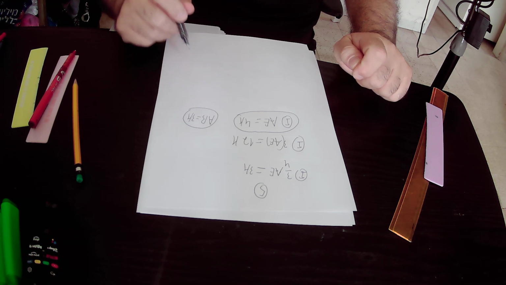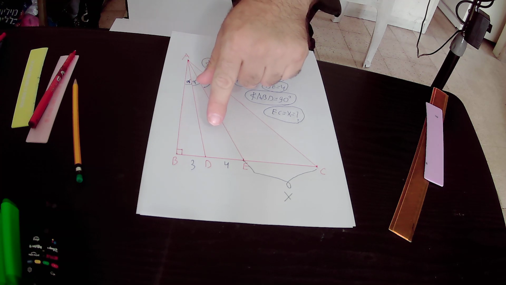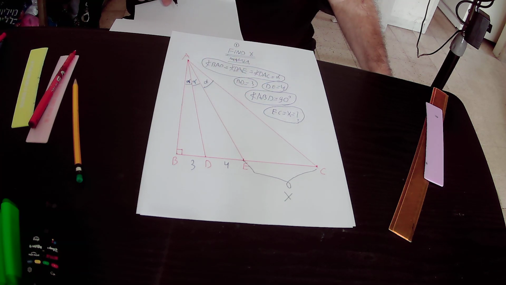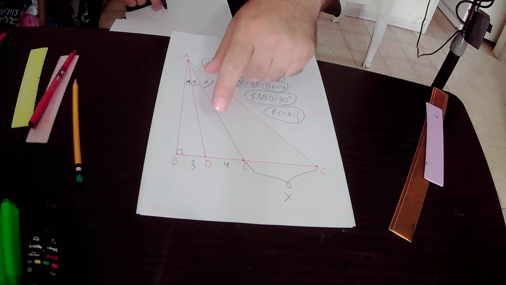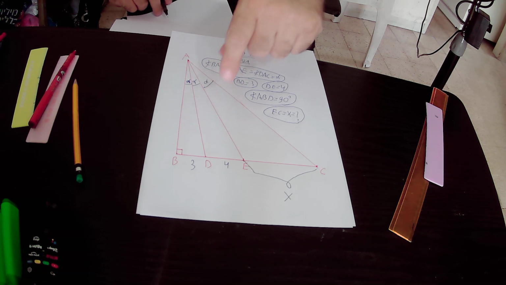In the next step we will continue to focus on the right triangle ABE. According to the Pythagoras theorem, in the right triangle ABE, the square of the hypotenuse equals the sum of the squares of the perpendiculars.